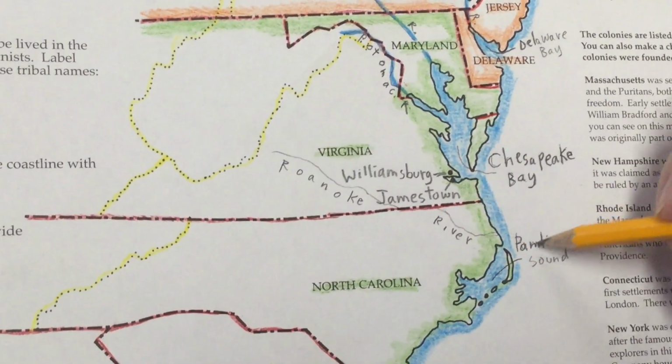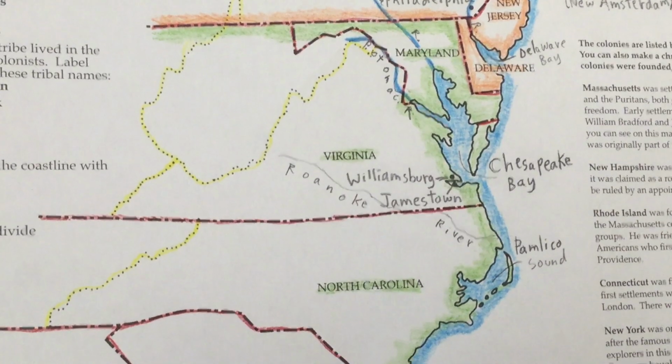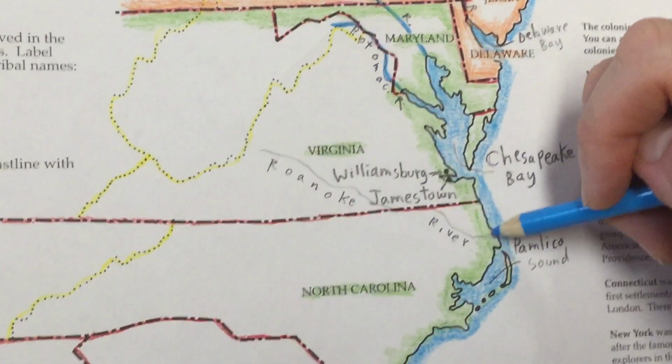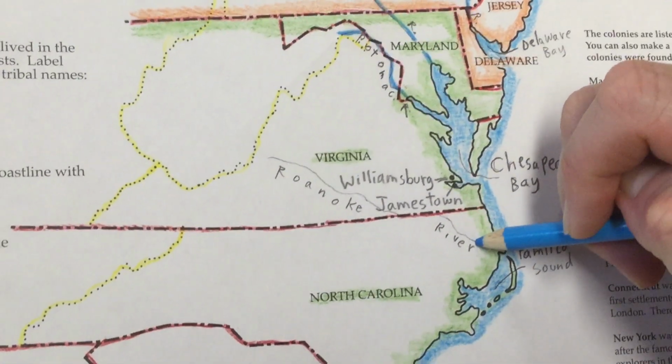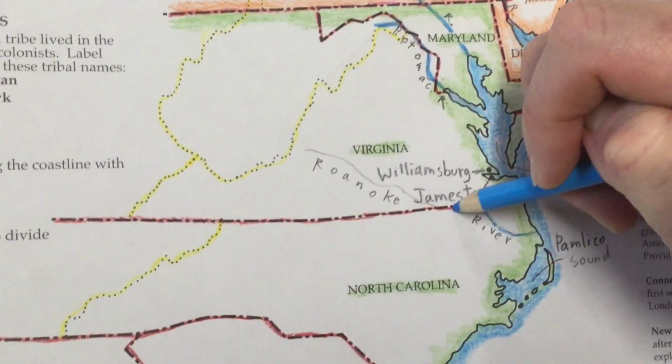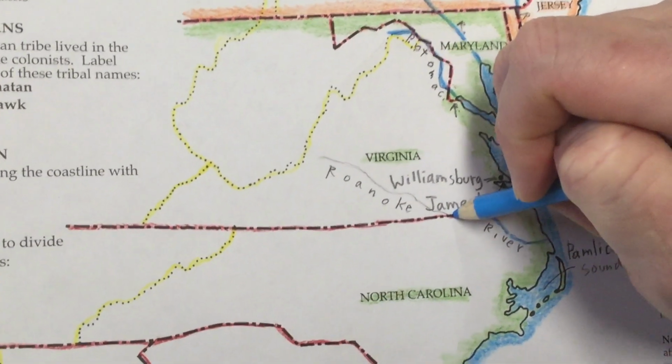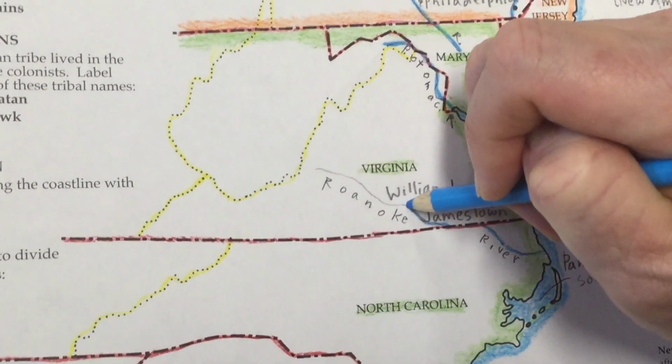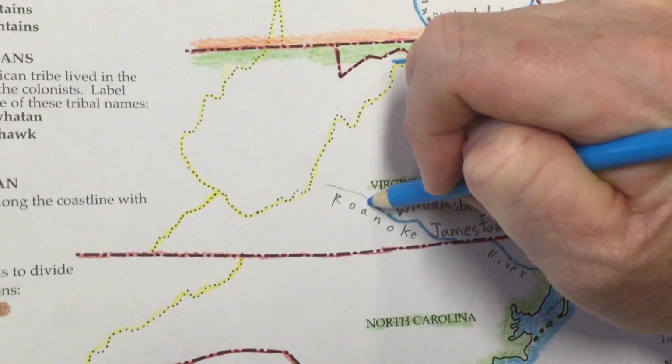If you want to put that in, you can, but the river enters a little bit north of that, and it comes up. It follows the coastline a little bit, crosses a little bit there, and then right up here.